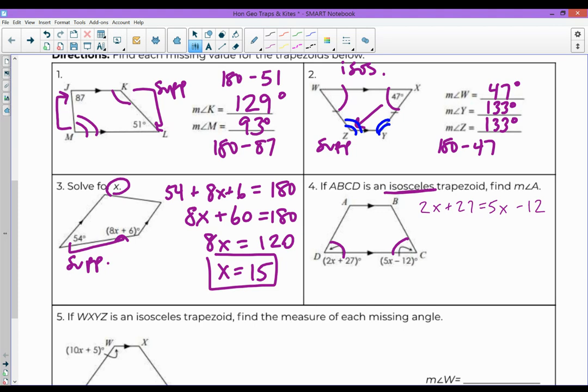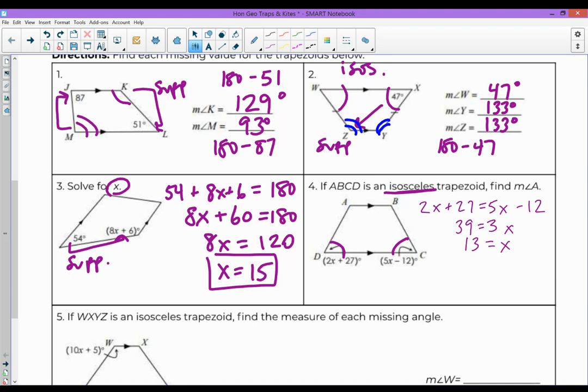To solve this, I'll bring my x's to the right, my constants to the left. That's 39 equals 3x. So I know the value of x is 13.